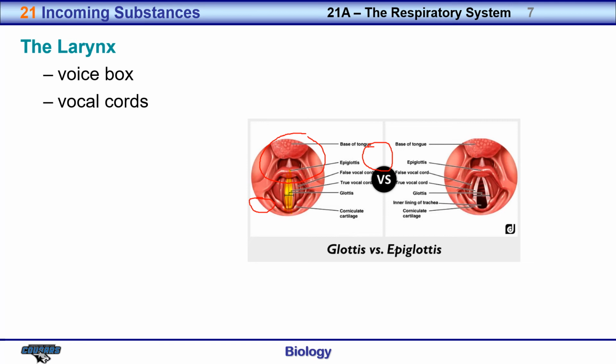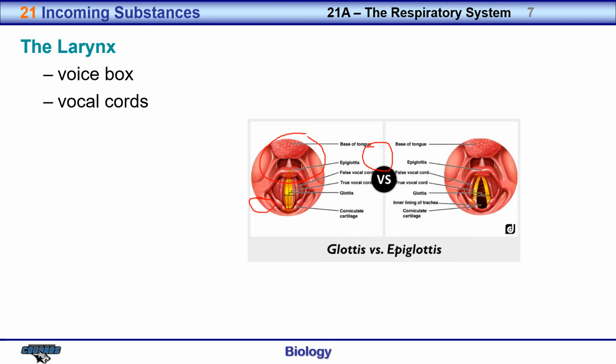When you want to breathe, they are relaxed and they go off to the sides, as you can see over here. And that's why you don't make any noise when you're breathing. If you're making noise, it's from other things that are going on inside your body.